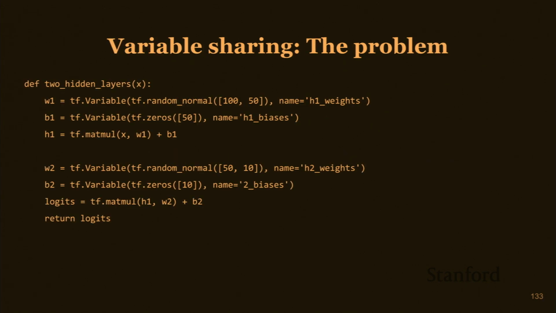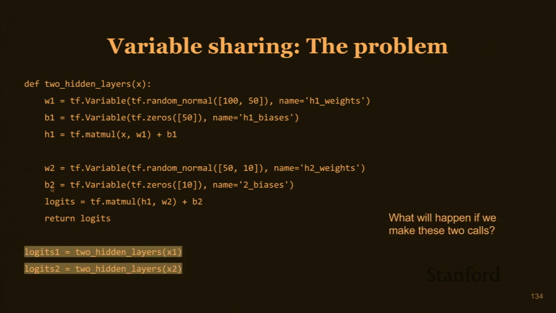First of all, we have a simple two hidden layers neural network like this. We have H1 with a weight and a bias, and layer 1 also has a weight and a bias. And we have x1 and x2, two different inputs, which are just normal random values.